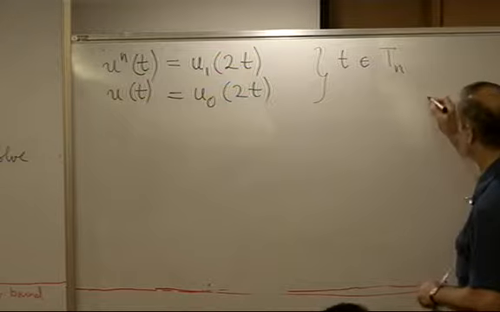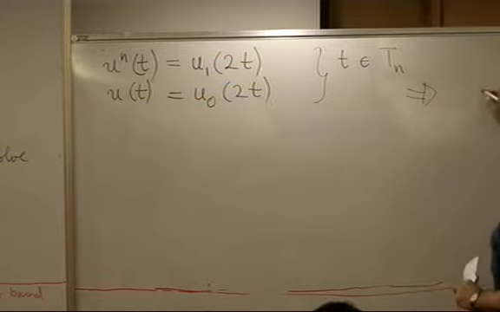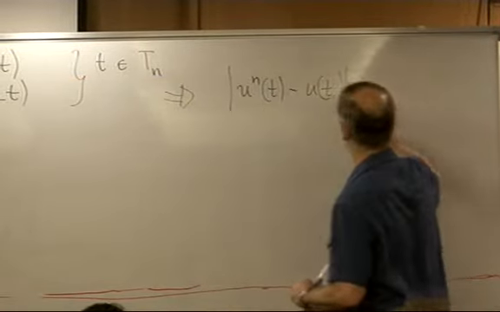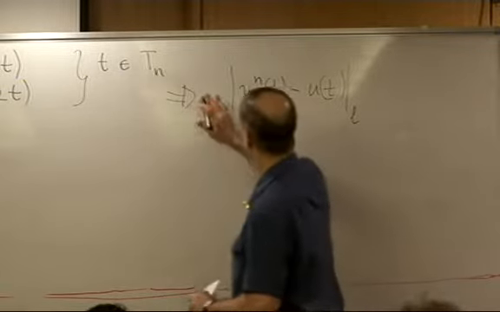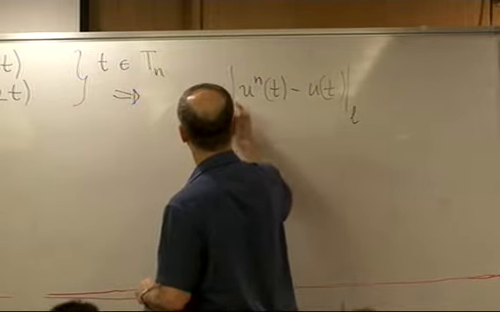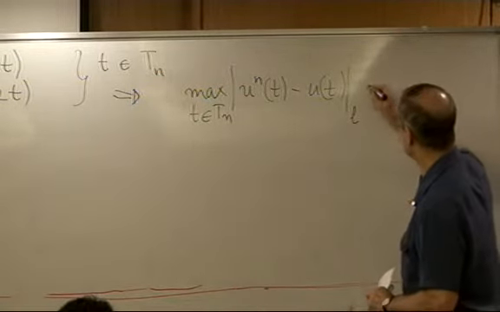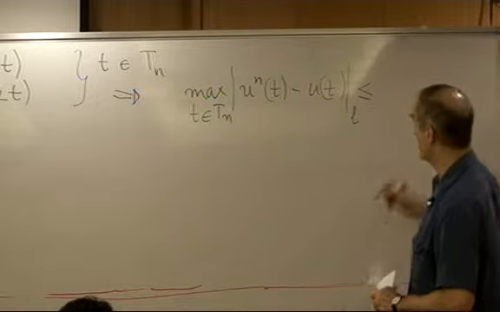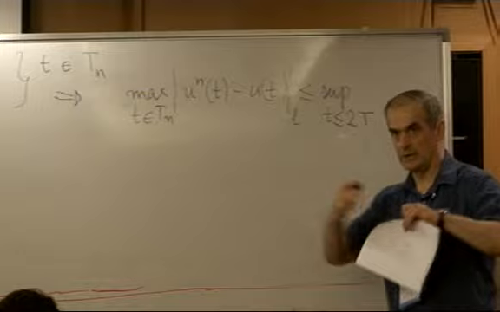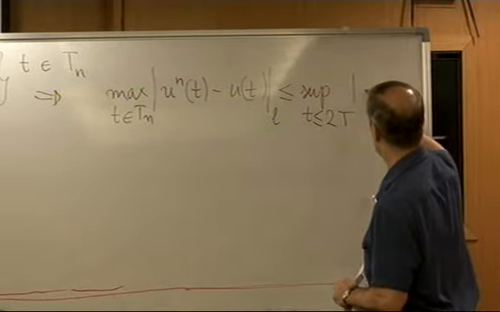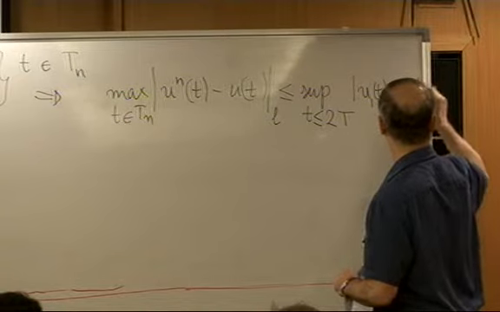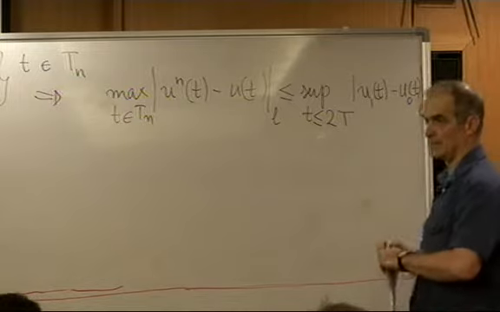And because of this, if we want to estimate the difference in any norm, so for example in the L infinity norm, and take the maximum over the grid, then that is less than or equal, if we take the supremum, now t less than or equal to 2 capital T, we have to stretch twice, and then u1 t minus u naught t in the same norm.